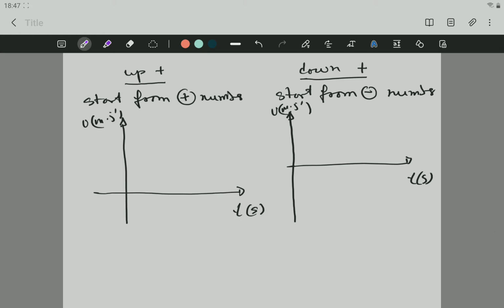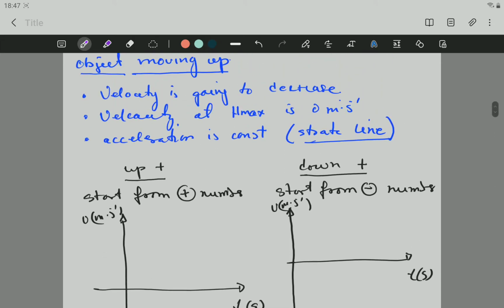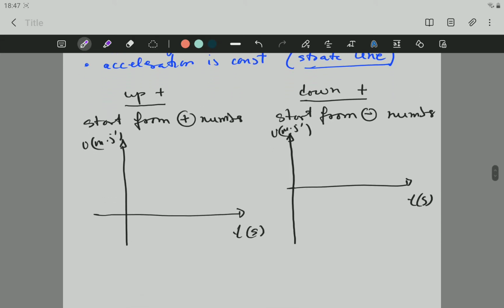Now, remember, the object is moving up, but up is taken as positive. So in this graph here, in the first one, where up is positive, you're starting from a positive number. It's a straight line down, going down until there. Here is 0, therefore this is an object moving up, and up is positive.